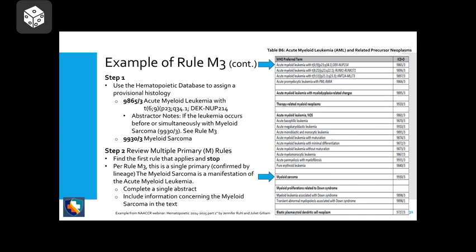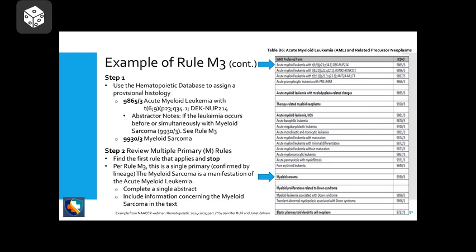Refer to Appendix B. This is Appendix Table B6, acute myeloid leukemia and related precursor neoplasms from the Hematopoietic database. Step 2. Go to the Hematopoietic Coding Manual, multiple primary rules. Find the first rule that applies and stop.